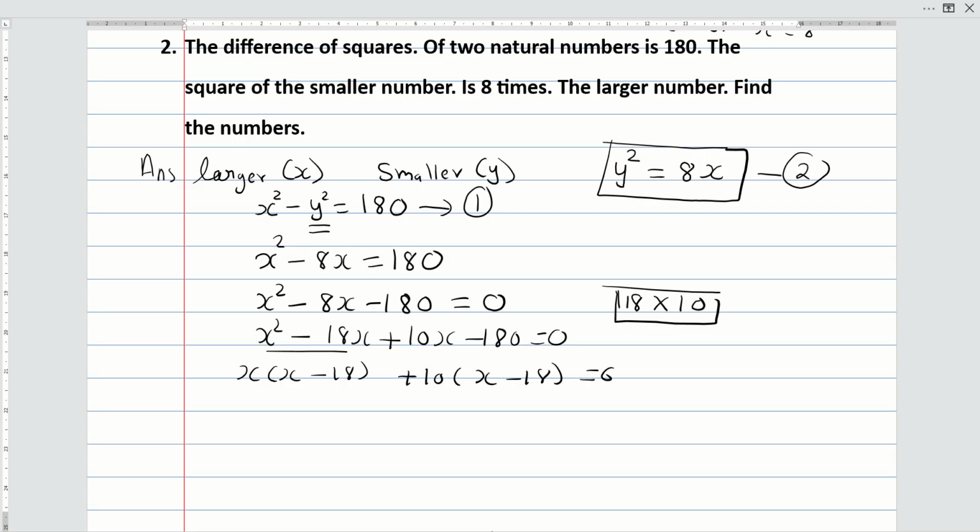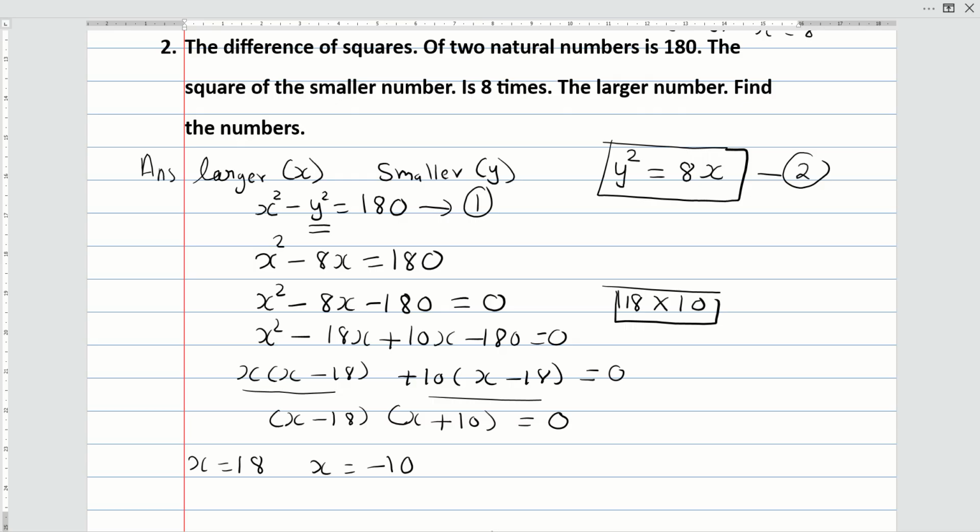I hope you understood this. Now from this group and this group, what is common? x minus 18, correct? So x minus 18 into x plus 10 is equal to 0. So we'll equate each factor to 0. So x is 18 and x is minus 10.